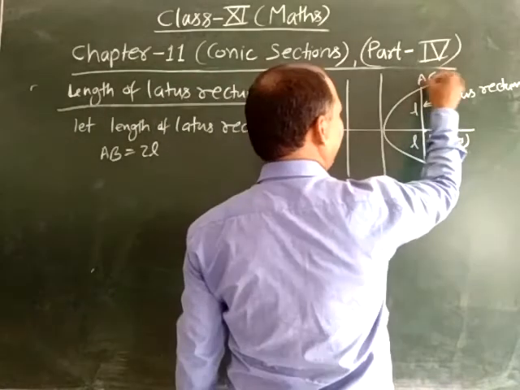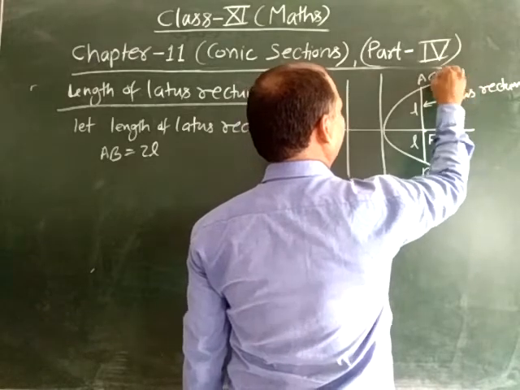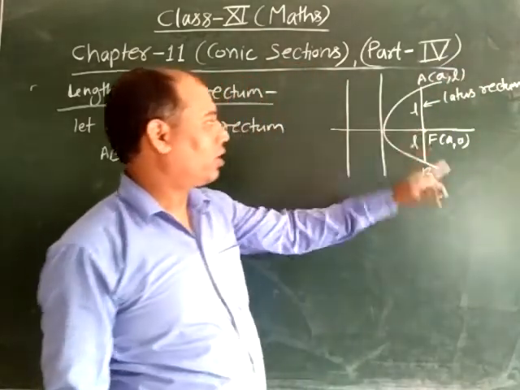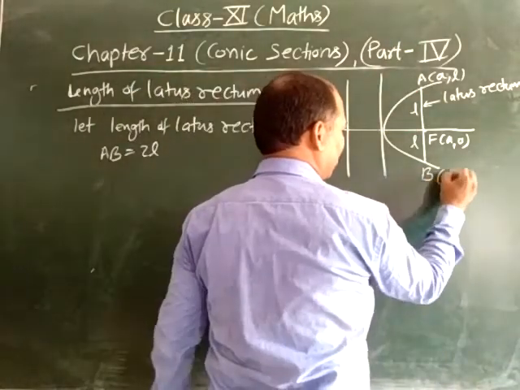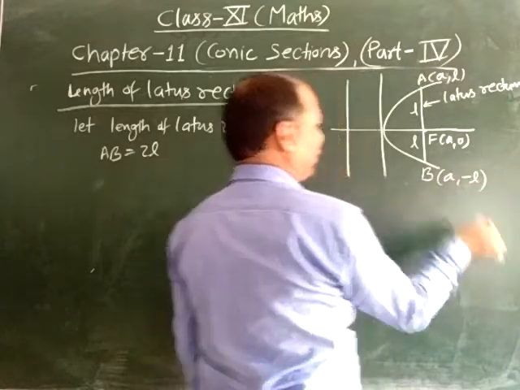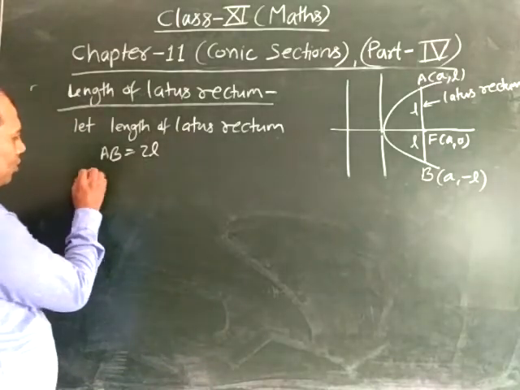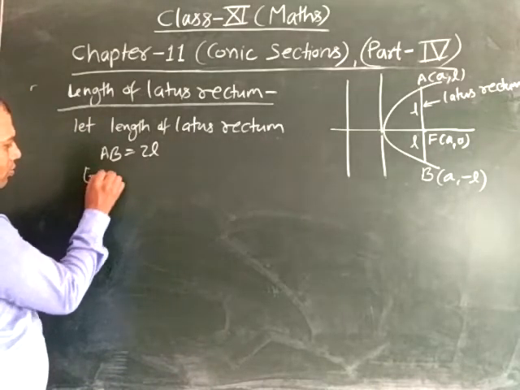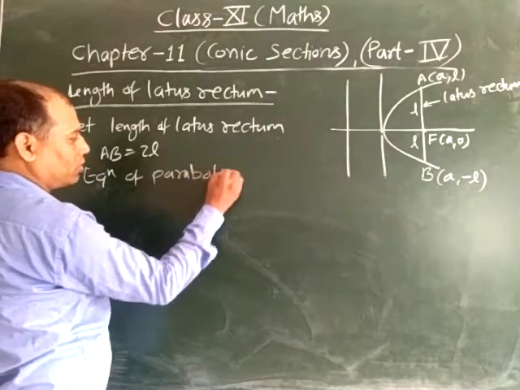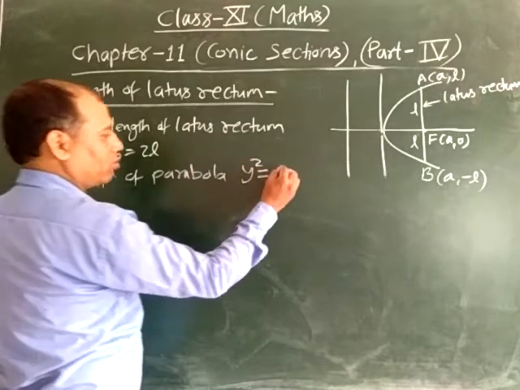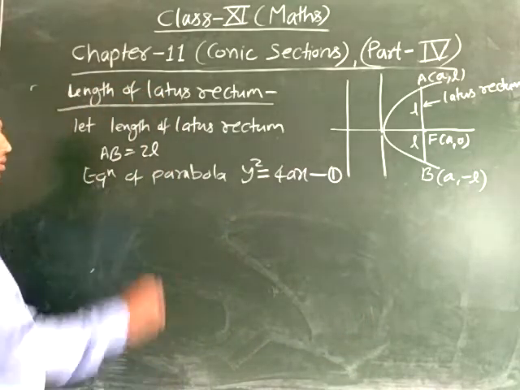Now the coordinate of this point A can be written as (a, L). The x coordinate is equal to a and the y coordinate is equal to L, and the coordinate of this other point is (a, minus L). a is the x coordinate and minus L is the y coordinate. So the equation of this parabola, all of you know, is y square equal to 4ax. Consider this as equation number 1.